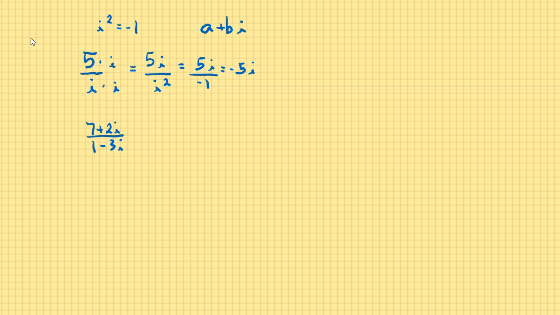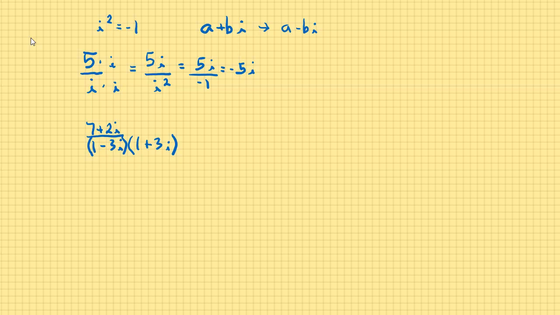And one thing that works really well is to multiply by the conjugate. So the conjugate of 1 minus 3i is 1 plus 3i. Okay, so in general, the conjugate of a plus bi is just a minus bi. That's where I'm getting that from.